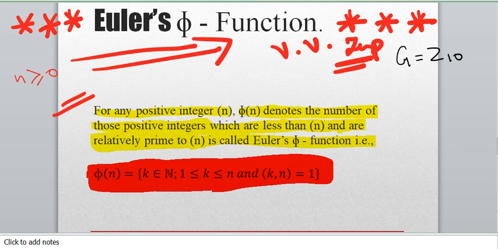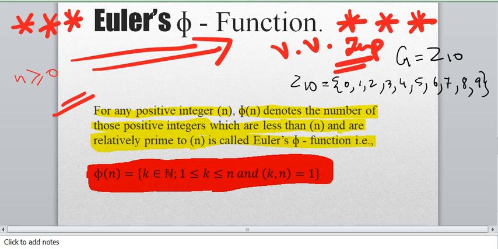Z10 means integers modulo 10, all positive, so Z10 is 0, 1, 2, 3, 4, 5, 6, 7, 8 and 9.